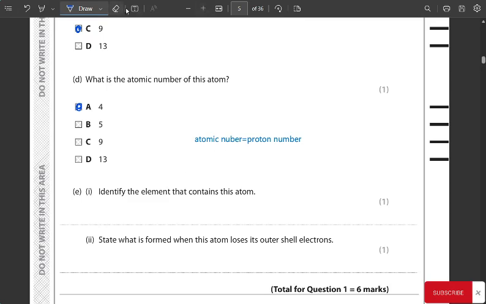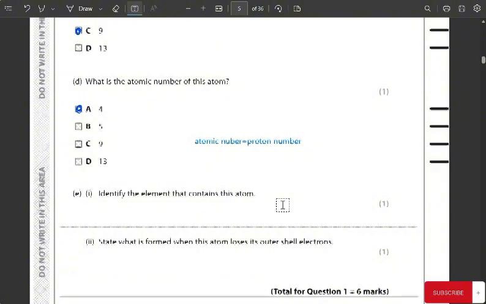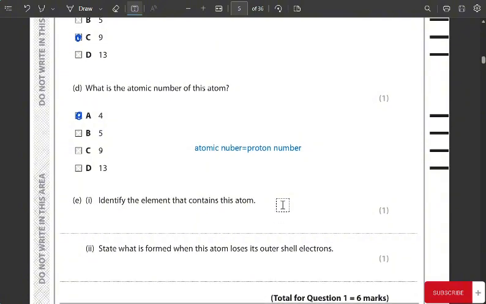Identify the element that contains this atom. We know that for finding the atom, we should use the periodic table. For finding this atom, we will look at the proton number, which never changes.